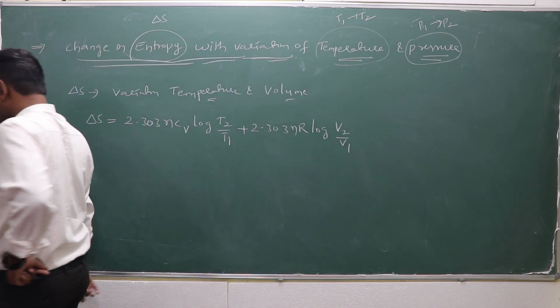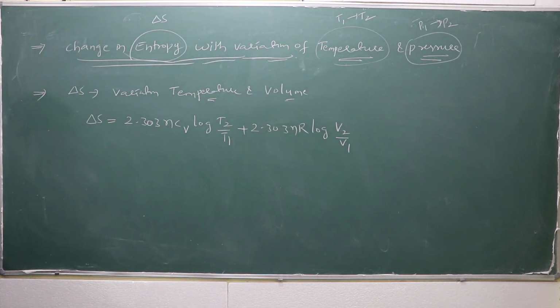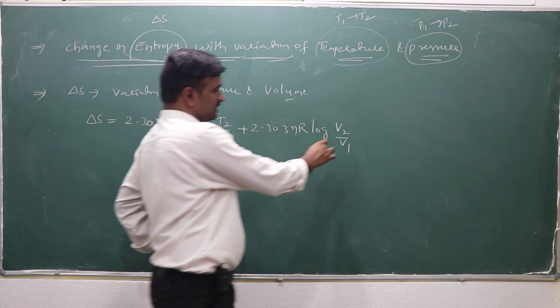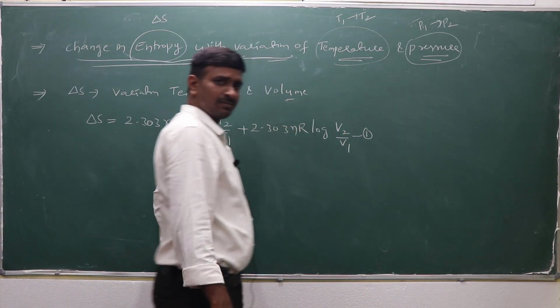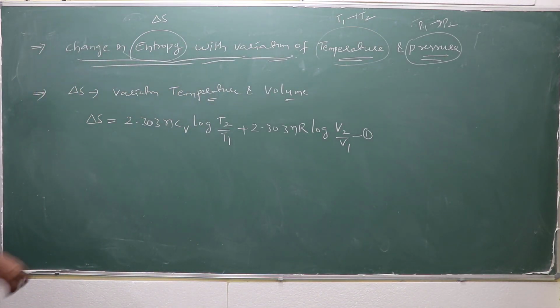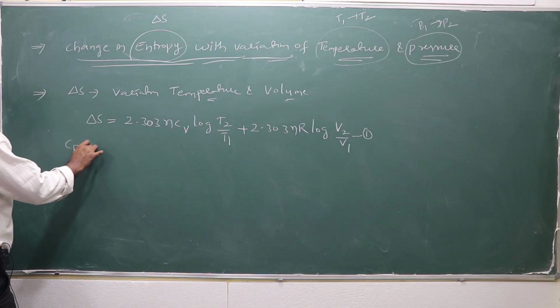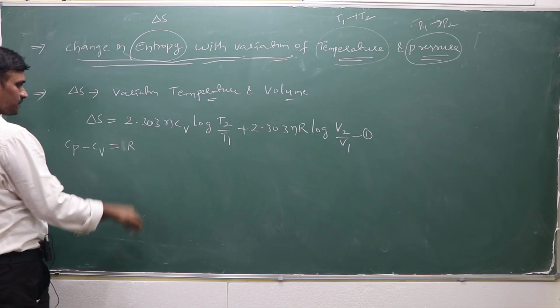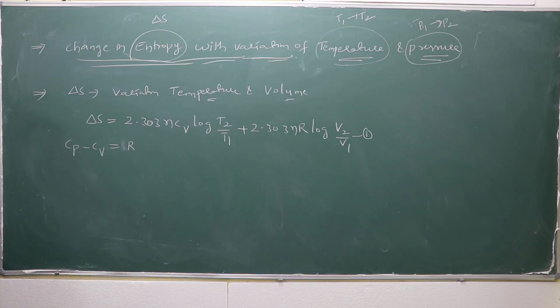This equation, you know, for changing temperature and volume; suppose this is equation number 1. You know that earlier I mentioned Cp minus Cv is equal to what? R. Cp minus Cv is equal to R. I already mentioned that earlier.